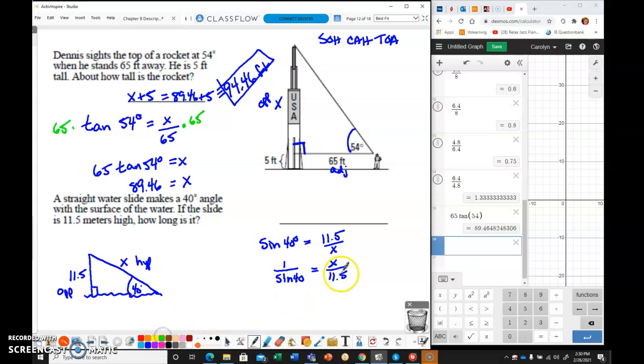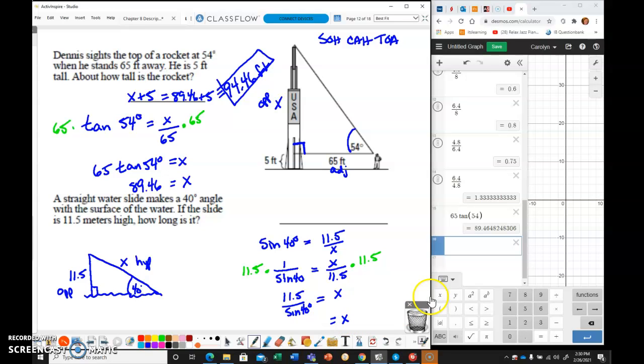And to get rid of the 11.5 that's with it, it's division, so I could just multiply both sides by 11.5. So what I'm finding out now is that x will equal 11.5 divided by the sine of 40 degrees.